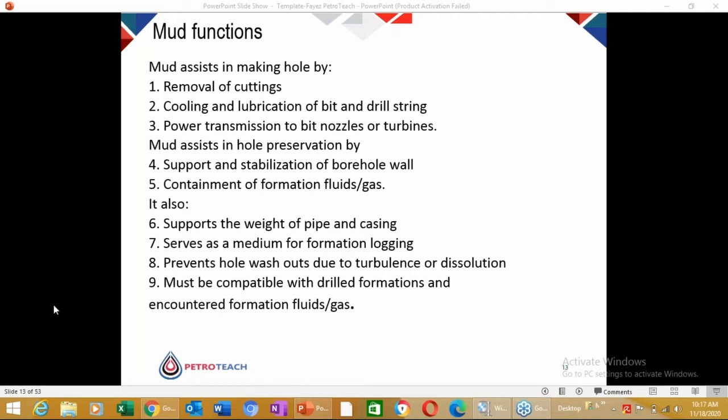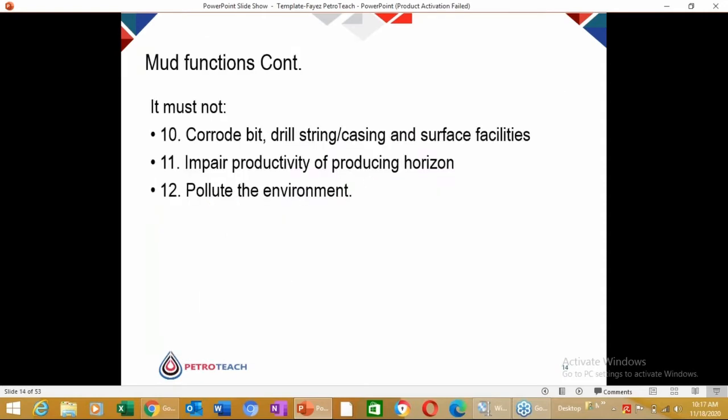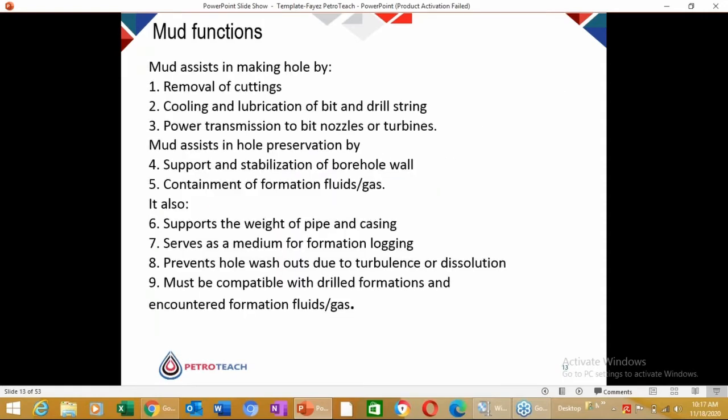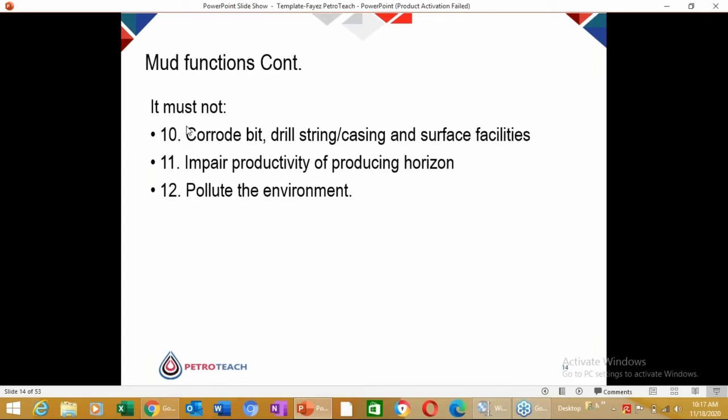Also, it must be compatible with encountered formation fluid and gas. Mud functions continue. We are still talking about that.